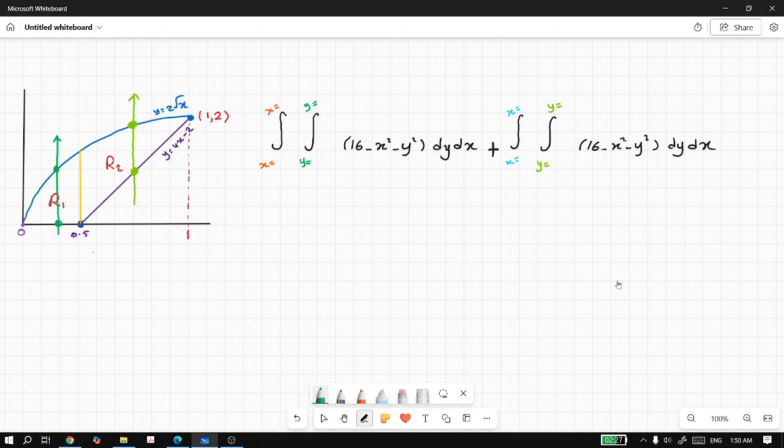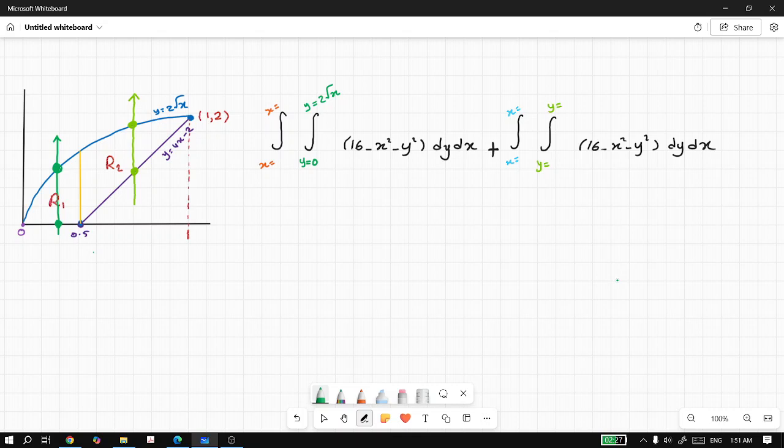So when we are in R1, since we are entering at that point, here y is equal to 0. So the lower limit of integration becomes y equals 0. And it is leaving the region at that point, which is y equals 2 square root of x. So I'm writing 2 square root of x for the upper limit of dy.